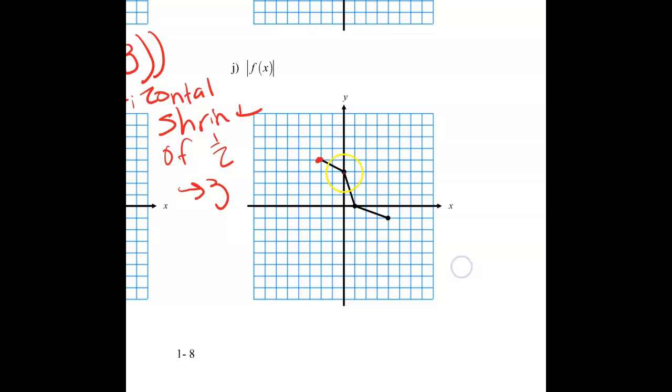This one technically has a y value which isn't affected. And then finally, what actually gets affected here is I have a negative y value of negative 1. So I've got to make that positive because that's what absolute values do. So flip it over to being positive.